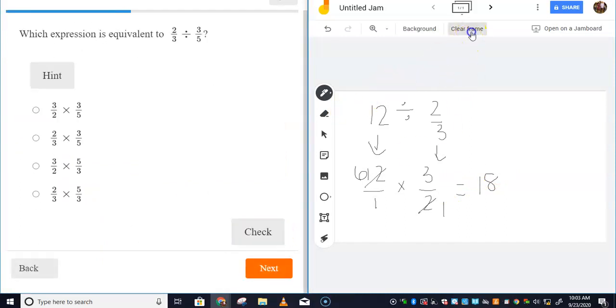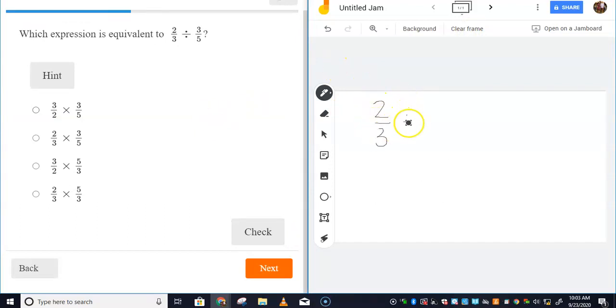Next, we're going to do 2/3 divided by 3/5, but we're actually not going to solve it. We're just going to say what the expression is equivalent to. So we're going to flip the 3/5 to 5/3. So 2 over 3 times 5/3. Be careful which one you click.